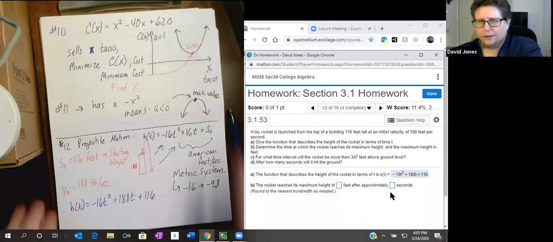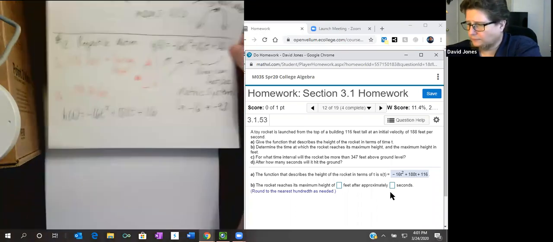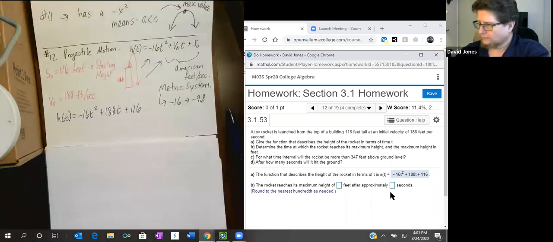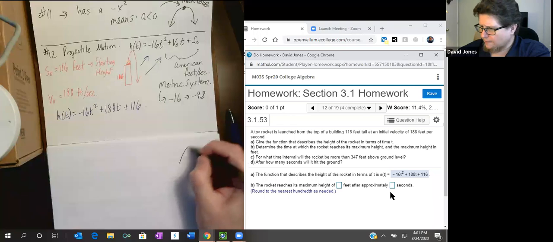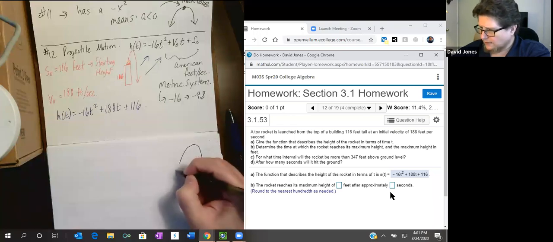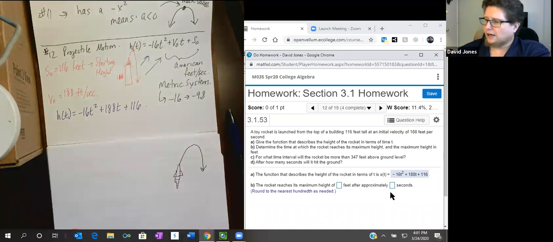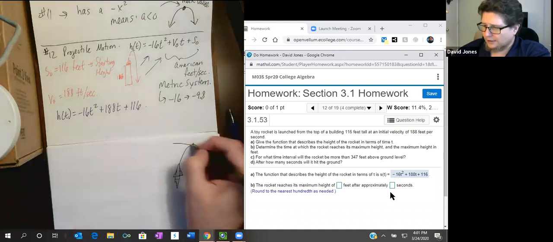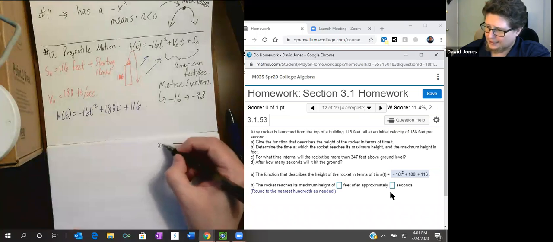Determine the time when the rocket reaches its maximum height. So the rocket goes up, the rocket comes down. It launches in the air. Maximum height is up here.